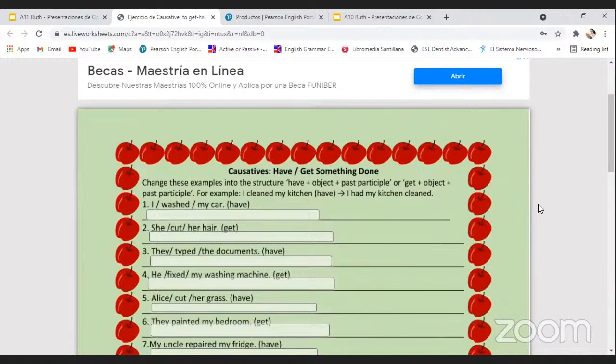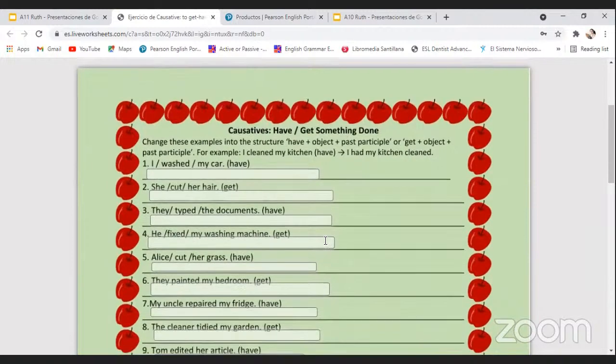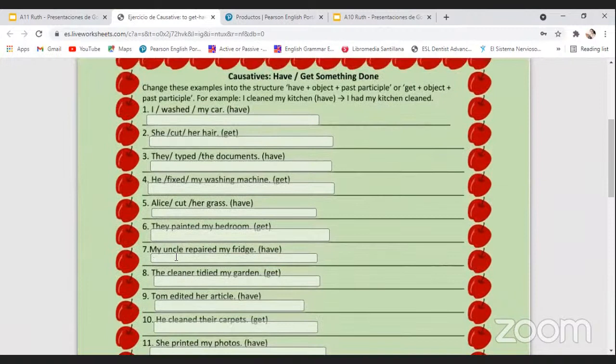If you don't have a subject, for example, in the sentence, you will say, I had this thing done by me. By a person, right? Because sometimes, let me see, I had my fridge repaired by my uncle.